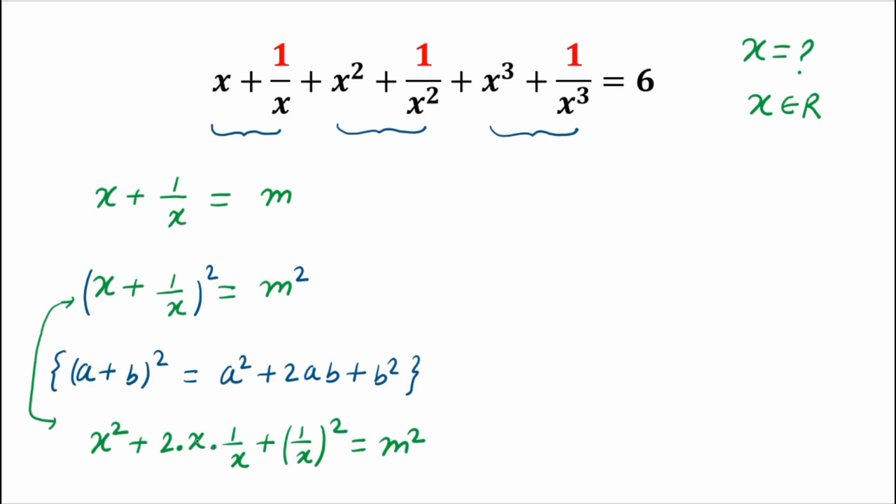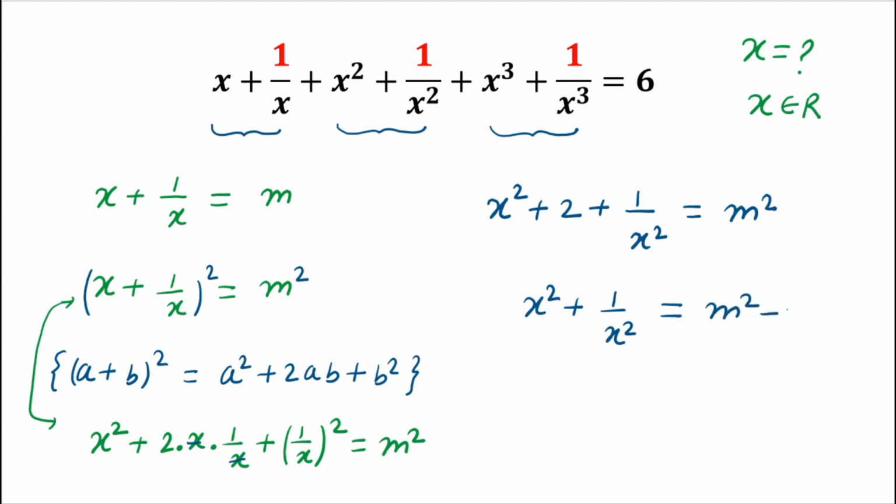Now x is multiplied by 1 over x, so this x and this x cancel out. Then x square plus 2 plus 1 over x square is equal to m square. Now the value of x square plus 1 over x square is equal to m square minus 2.